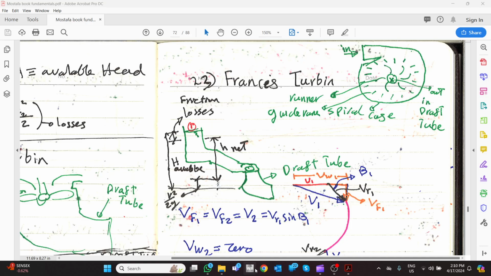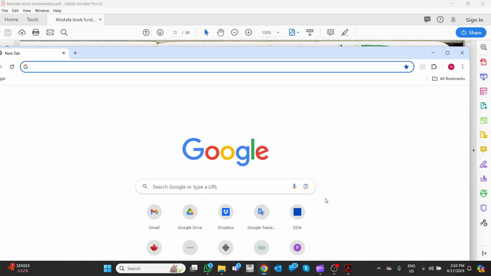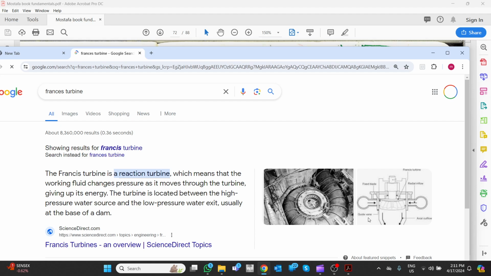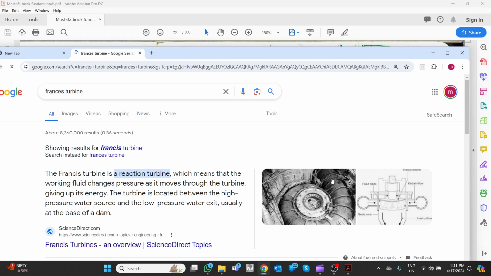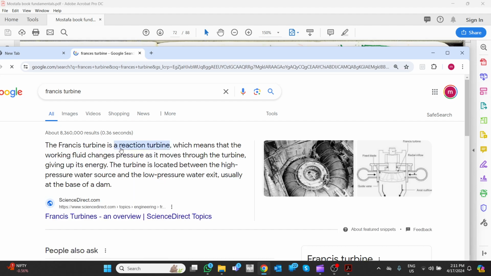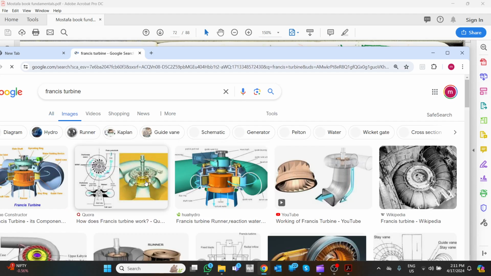So if we just return back to here, if you can see, the outlet is way big, and the inlet, which is water, will rotate like this.